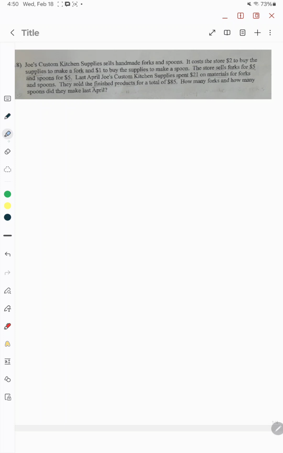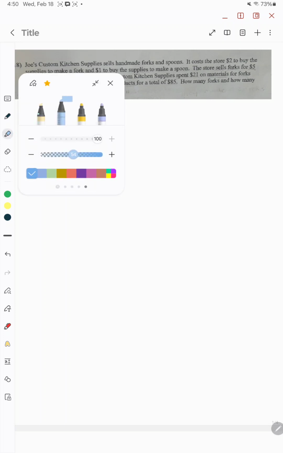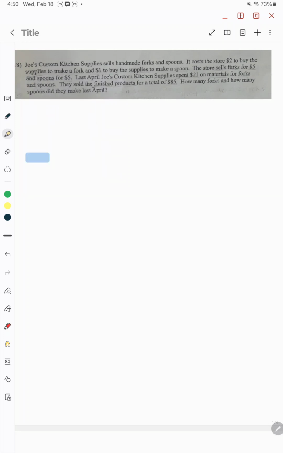So we're going to start off just by highlighting all the important parts. Okay. So we know $2 supplies to make a fork. Okay, sorry, that was bad.